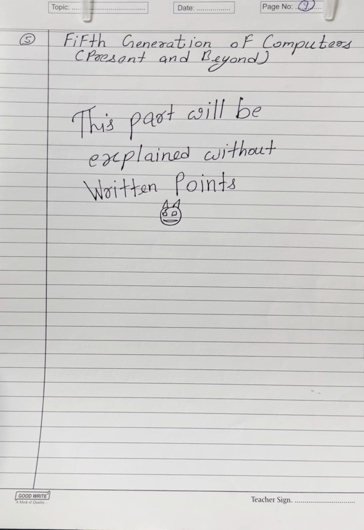Apart from that, fifth generation computers used advanced technologies such as artificial intelligence, machine learning, deep learning, natural language processing (NLP), robotics, expert systems, cloud computing, big data, and quantum computing.